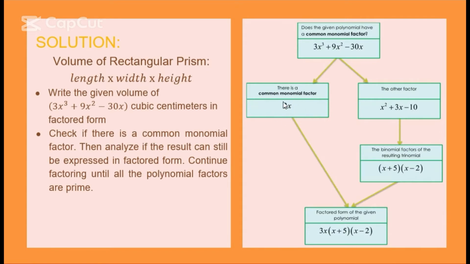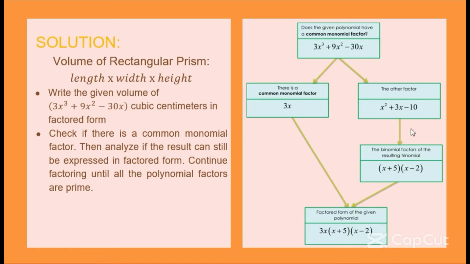Now, dahil may common monomial factor na tayo, hanapin natin yung isa pang factor by dividing it from this. Okay? Divide 3x cubed divided by 3x, we will get x squared. 9x squared divided by 3x, we will get 3x. And negative 30x divided by 3x, we will get negative 10. Now, analyze if the result can still be expressed in factored form.